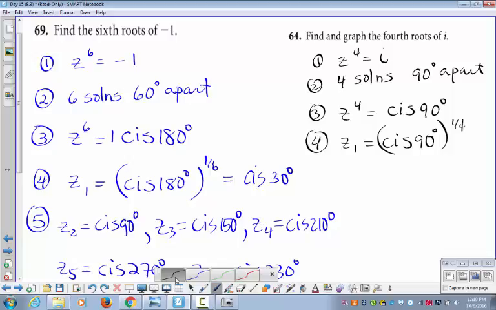He would be proud of us. So then this is CIS. We distribute that 1/4 into the angle. Was that 22.5? Thank you. 22.5 degrees.